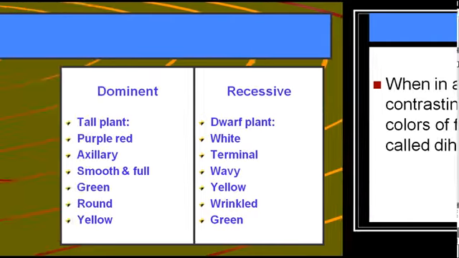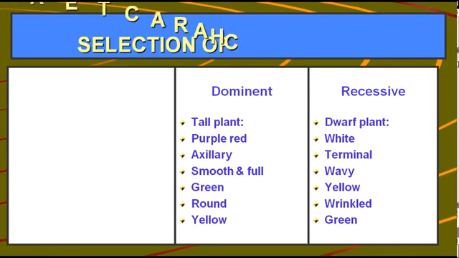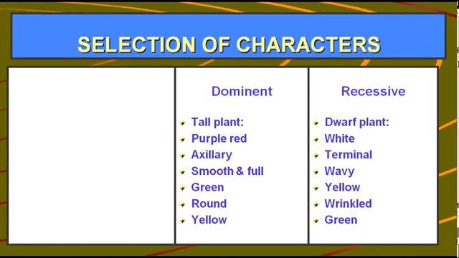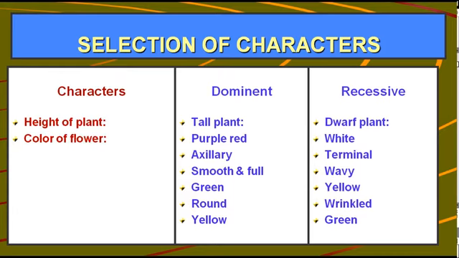Now say one character is the height of plant and another is the color of the flowers. That is, a tall plant and another dwarf plant, one bearing purple red color of flowers and another bearing white flowers.